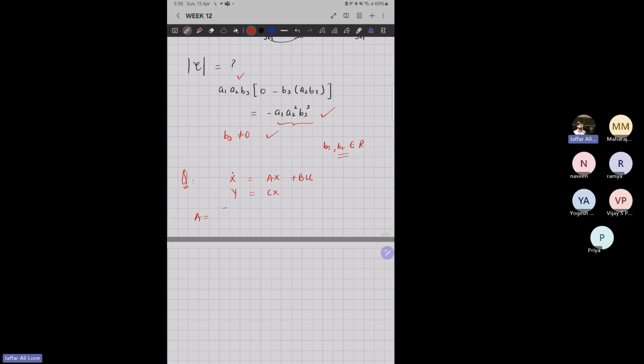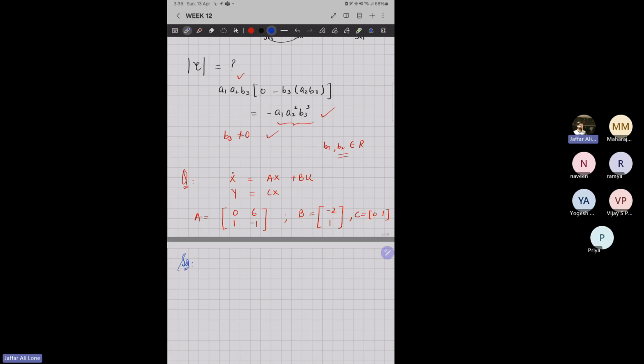Here A is equal to 0, 6, 1, and minus 1. B is equal to minus 2, 1. C is equal to 0, 1. Can you quickly tell me whether the system is controllable or not?